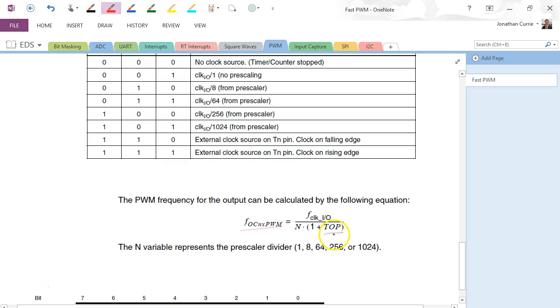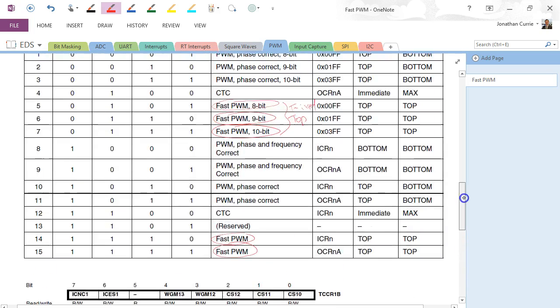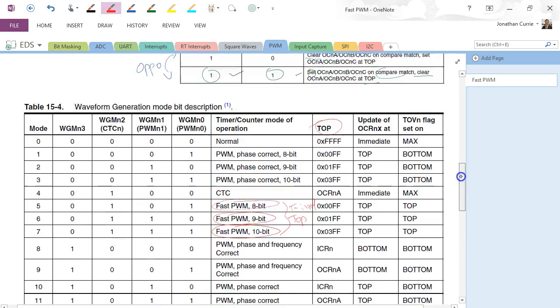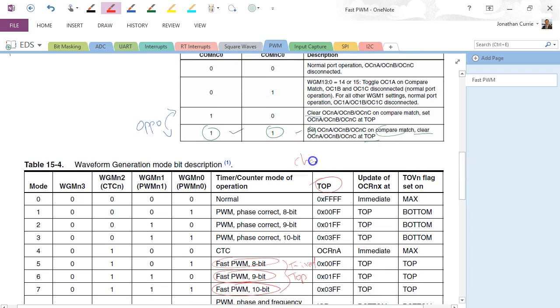So that's the output frequency, and there we see that top value. So top value changes the output frequency and the output resolution. And we want normally a higher resolution. Higher resolution, more accurate PWM, because we can control the duty cycle in much finer steps.